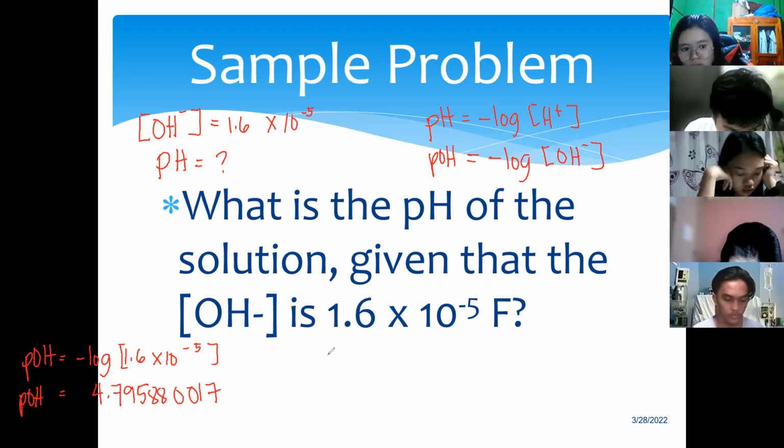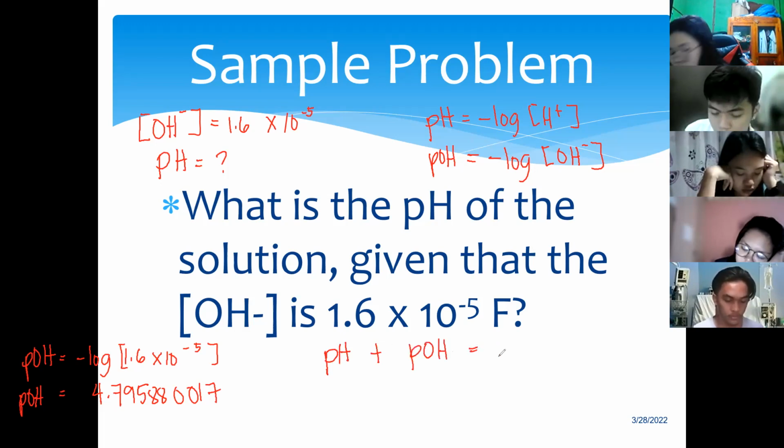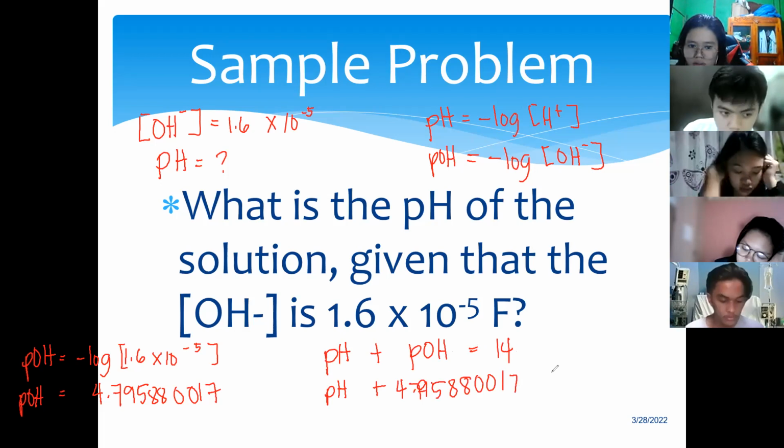But we are not yet done since the pH is asked here. So we are going to use that previous formula. The pH plus POH is equal to 14. Okay? So this is pH. We are looking for this. The POH is 4.795880017. And this is equal to 14.